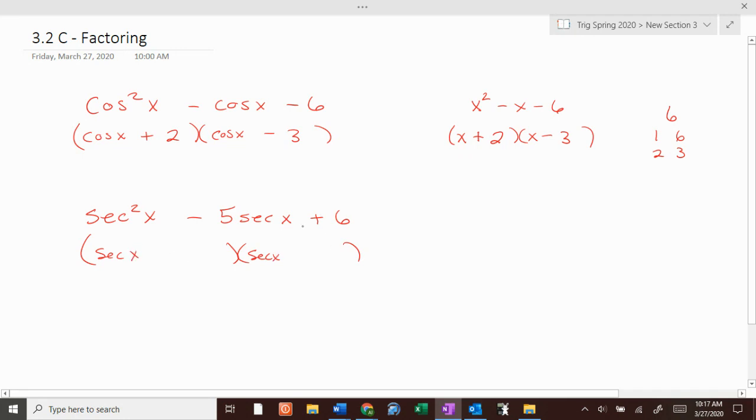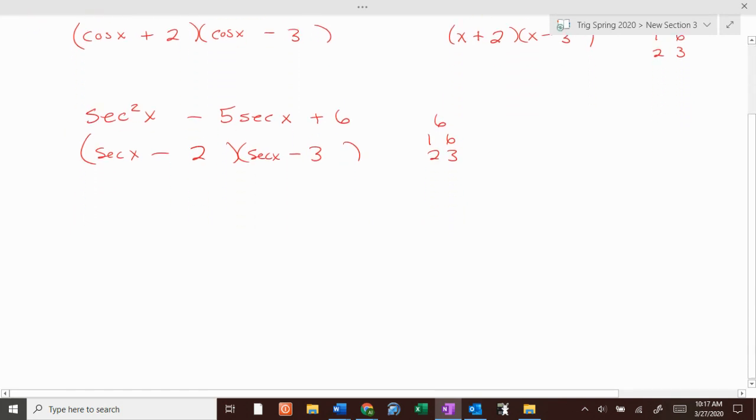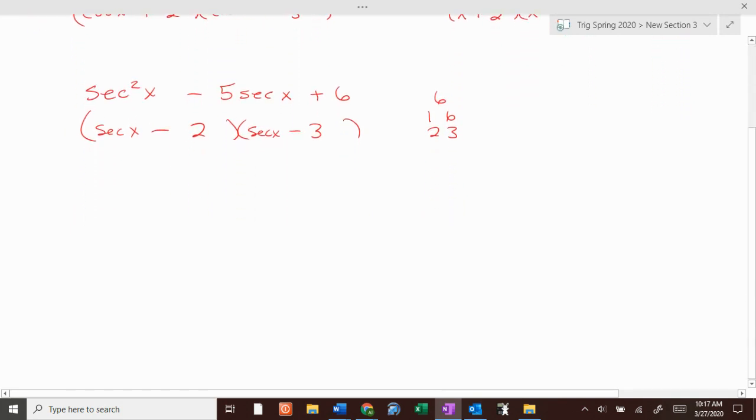Secant x, secant x. The signs are the same. If this sign is a plus in front of the 6, signs are the same. They're both negative. Factors of 6 are 1 and 6 and 2 and 3. They have to add up to a -5. So a -2 and a -3 add up to -5. Okay. All right.